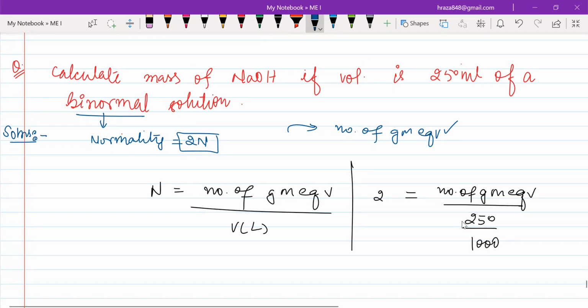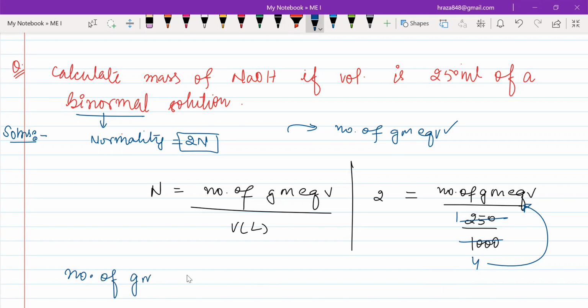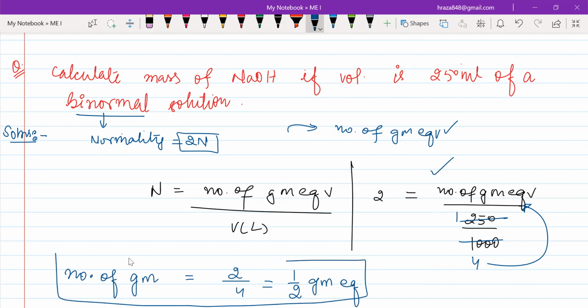If you calculate this, this will be 1 by 4, and this 4 will go in the numerator. So number of gram equivalent will be equal to 2 upon 4. That means 1 by 2 gram equivalent. This will go in the numerator and it will be in multiplication. So number of gram equivalent will be 1 by 2 gram equivalent.